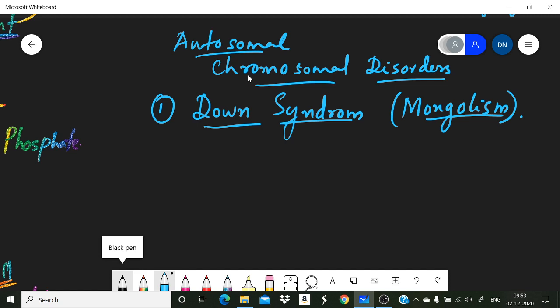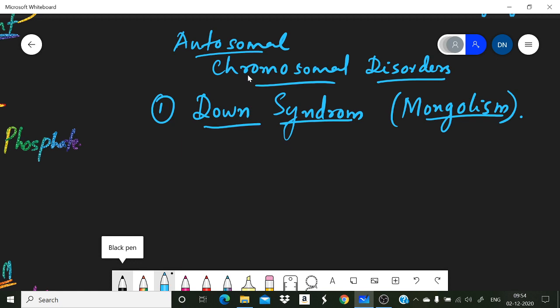Autosomal disorders are the disorders which affect the autosomes of the body, the genes which are present in autosomes of the body. So here in the Down syndrome, you know, it is a sort of mental retardation, no?